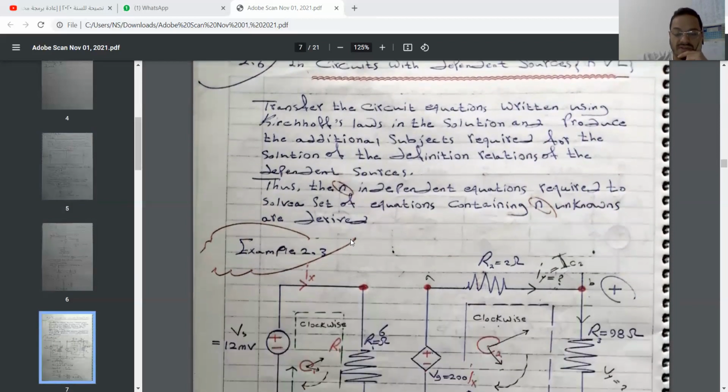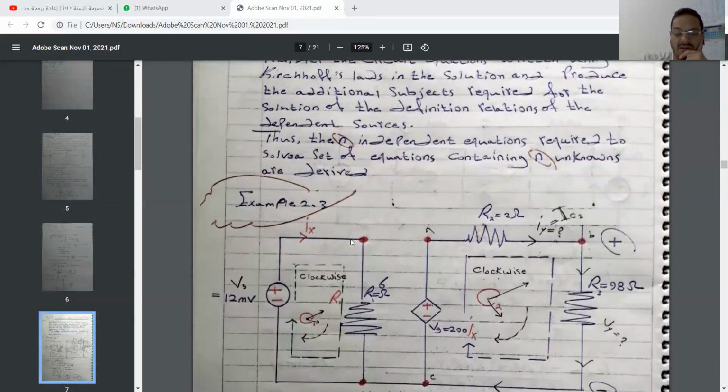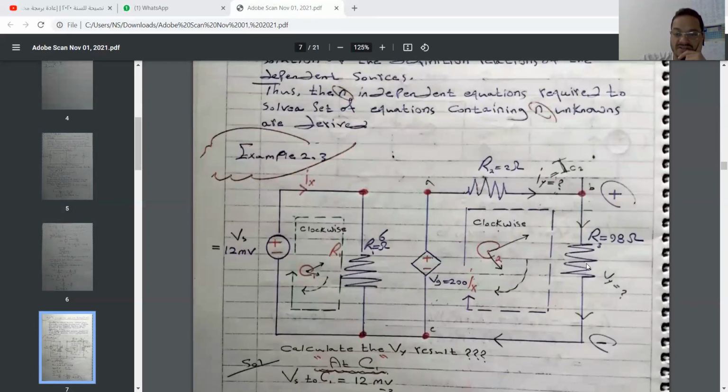As well, different from the last 2 examples. Here we have 3 different amounts of resistance, R1, R2, R3. We have 2 loops. We have here independent voltage source. Here we have dependent voltage source, VS and VG.